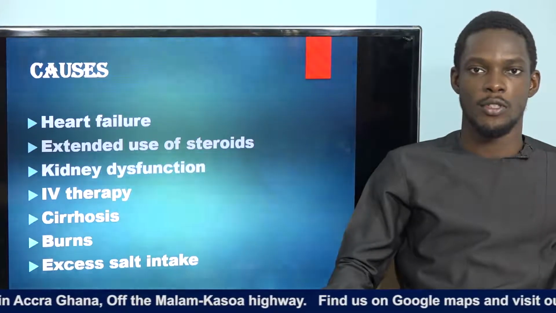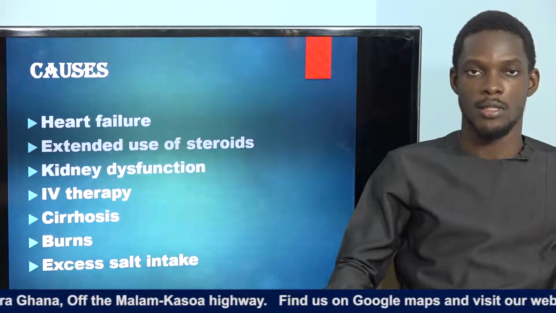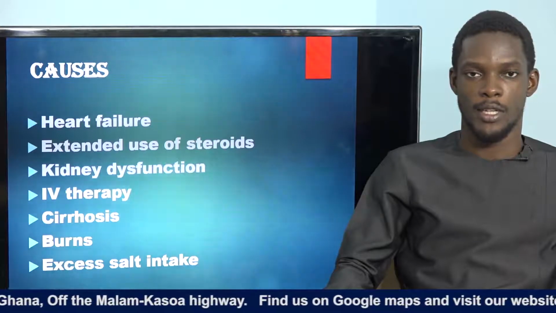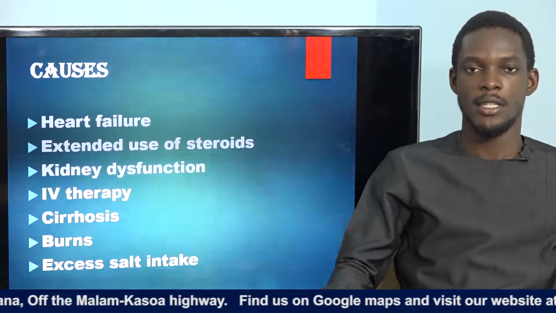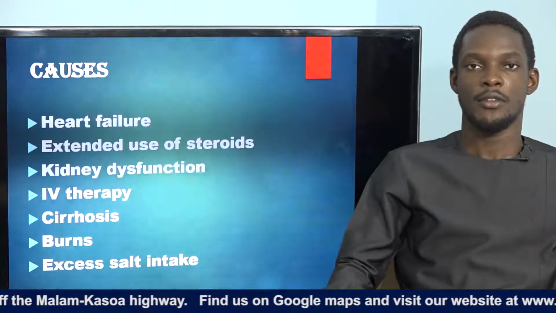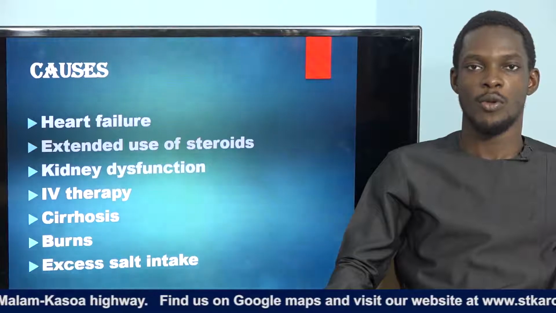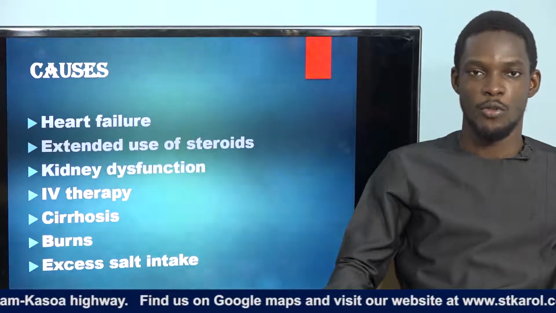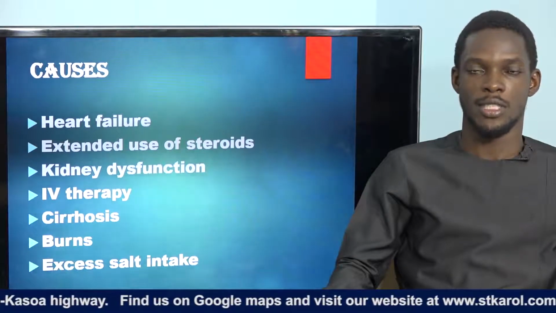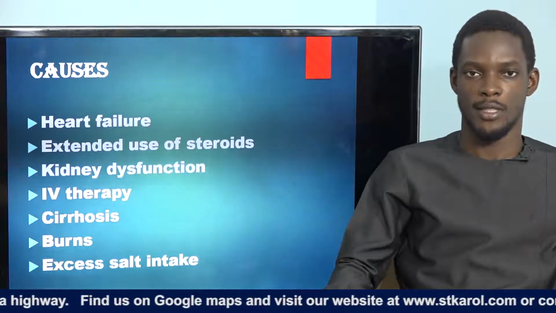Excessive use of steroids or corticosteroids can also result in fluid volume excess. Kidney dysfunction: as you all know, if your kidneys are not filtering the blood as they're supposed to, or not allowing urine to pass, you may have hydronephrosis and you may have fluid volume excess.